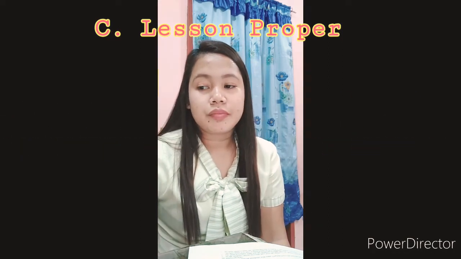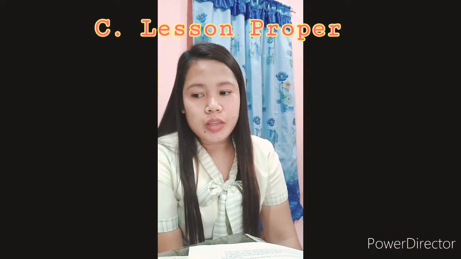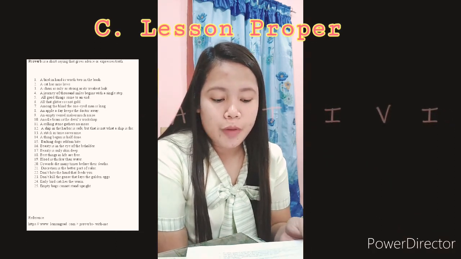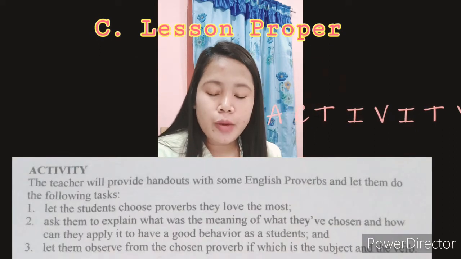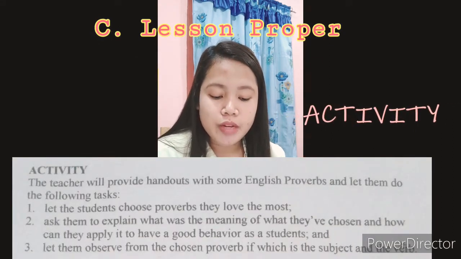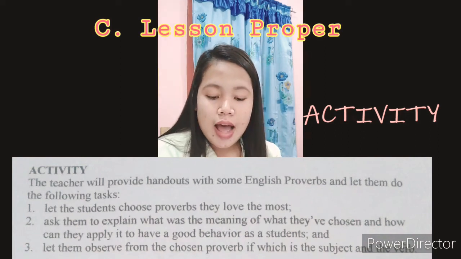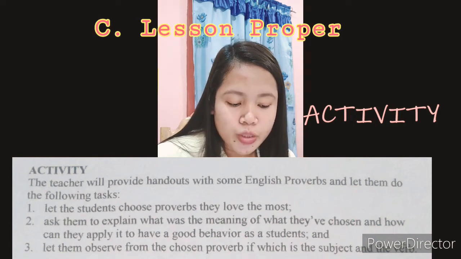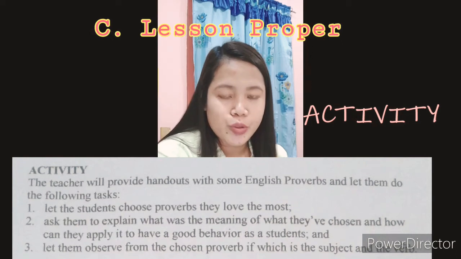Lesson proper includes the activity. The teacher will provide handouts with some English proverbs and let them do the following task. Number 1, let the students choose proverbs they love the most. Number 2, ask them to explain what was the meaning of what they've chosen and how can they apply it to have a good behavior as a student.